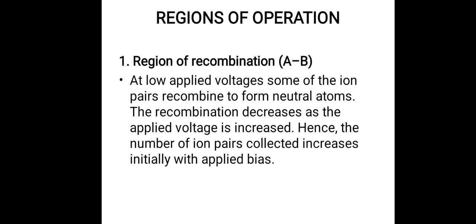The recombination decreases as the applied voltage is increased. Hence, the number of ion pairs collected increases with increasing applied bias.